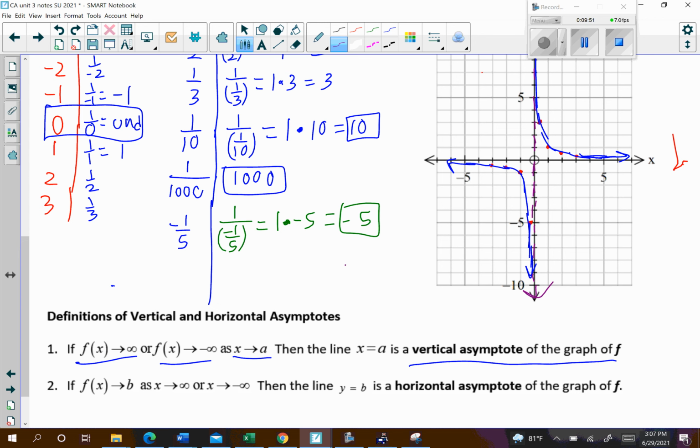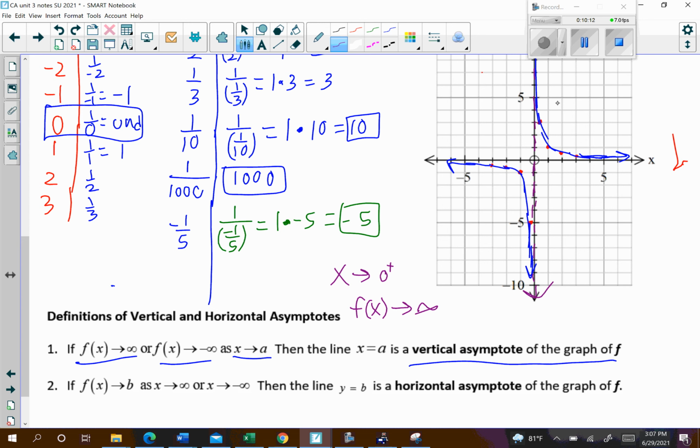What's going on is as x is approaching 0, it depends on what side you're approaching from. Sometimes you'll say as x approaches 0 from the positive, you put a plus. What's happening here is that the function f of x, or basically the y value, is going to infinity, and that's what's happening on my right side.